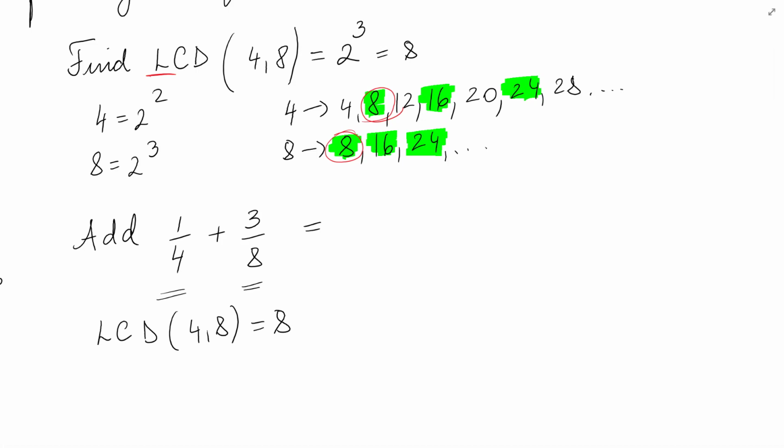So that means the first fraction has to be multiplied by 2 over 2 to get the LCD 8. So we get 2 over 8 plus 3 over 8, which equals 5 over 8. We add the numerators and we copy the denominator. So the LCD is used when we have to add or subtract fractions with different denominators.